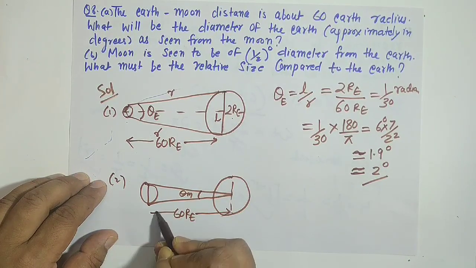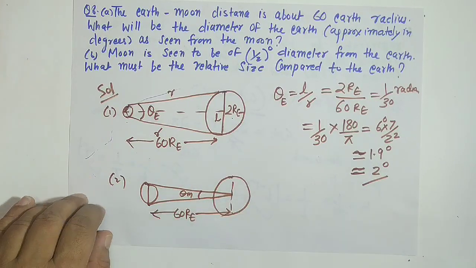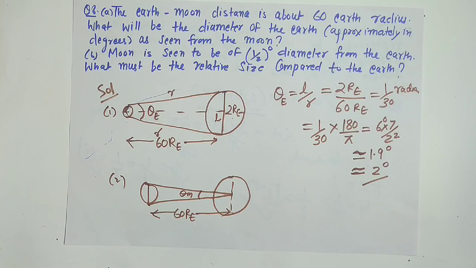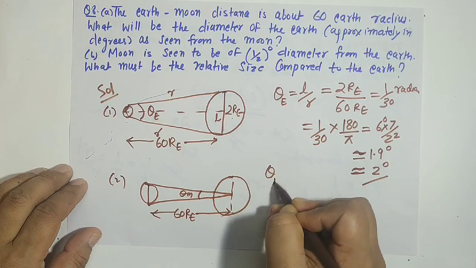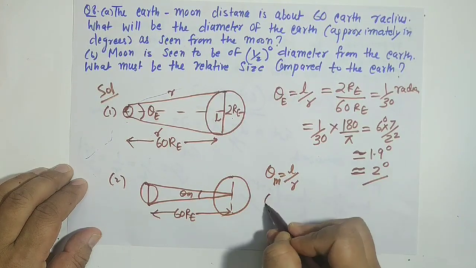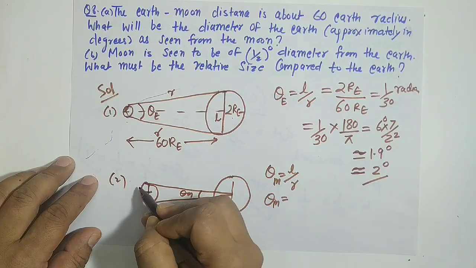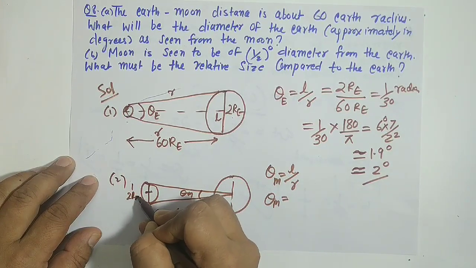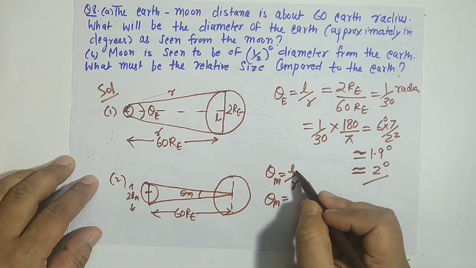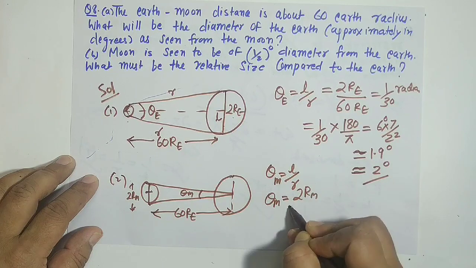So can we find out the radius of the Moon? Yes, we can calculate it. So can you tell me theta will again be L by what? R. But tell me what is L this time? It is twice the radius of the Moon. So theta will be 2 Rm upon 60 Re.